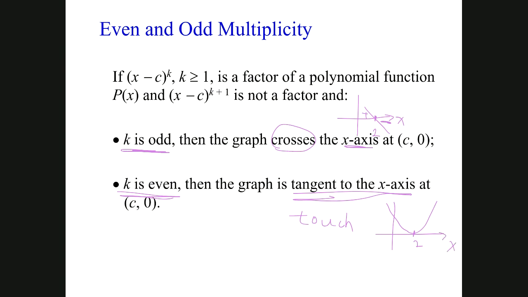So when x is less than 2, y is positive. After passing the 2, y is still positive. So that means y did not change the sign, y stays positive. So this is called tangent to the x-axis. Okay, sometimes it's also called just touching the x-axis briefly and then bouncing back.